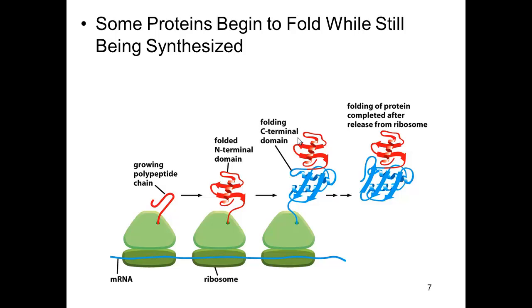We saw earlier in the course that full-length protein sequences could be unfolded with urea and then refold on their own. Now, as they're being synthesized, the amino end of a protein is exposed prior to completion of the entire polypeptide chain. So proteins can start to fold in domains before the entire sequence is even available.